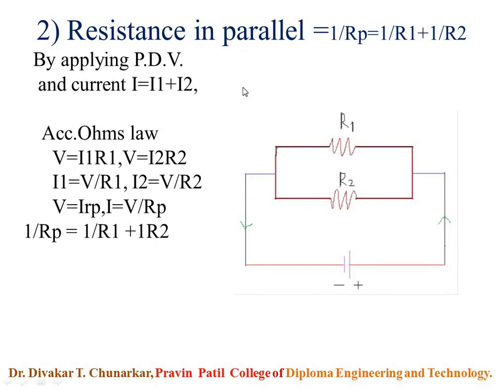Second, resistance in parallel. For resistance in parallel, 1 upon Rp equal to 1 upon R1 plus 1 upon R2. Here Rp is the equivalent resistance in parallel.